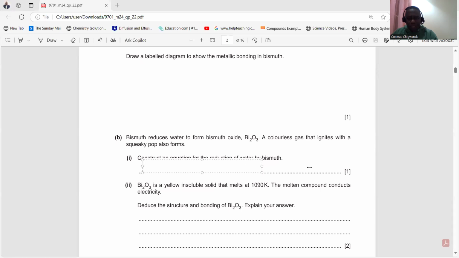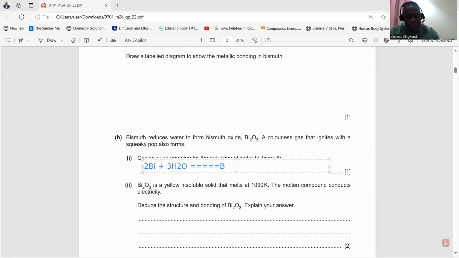This question is fairly straightforward because we've been told what's going to happen. So we're going to have our bismuth reacting with water. I am going to write a balanced equation here. I'm just going to put equal signs; in normal cases, you are supposed to put an arrow when you are writing this equation. What will be the product?